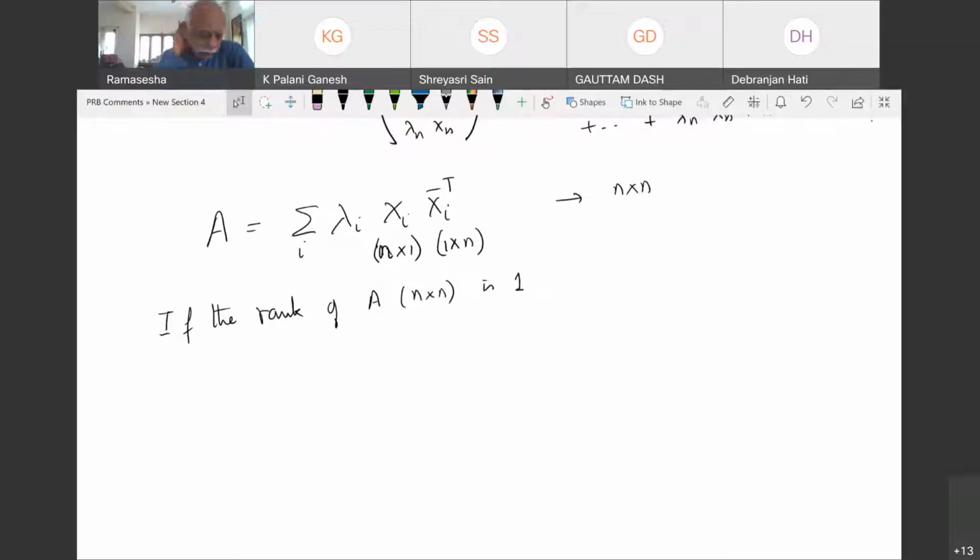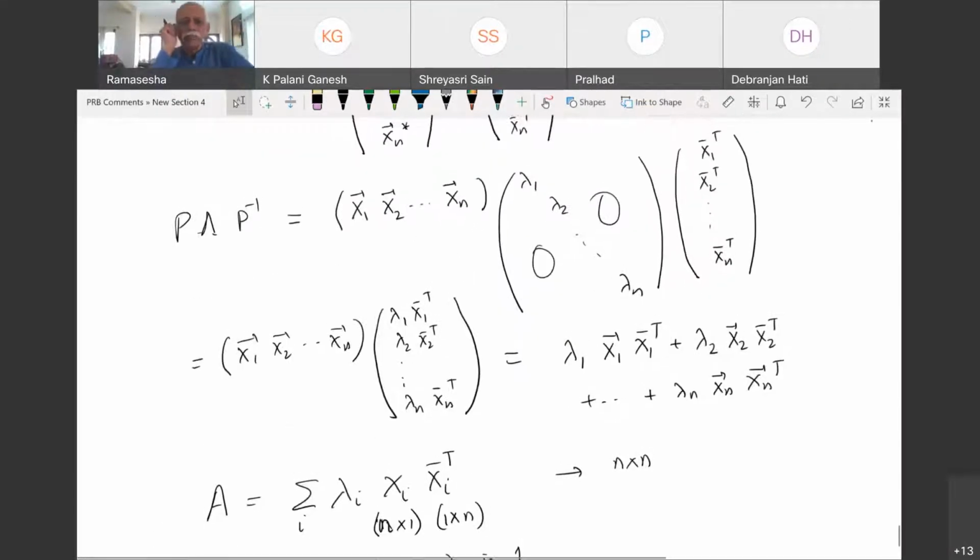Sir, in the previous step, why have you taken transpose, like x1 bar transpose? We had proven P inverse is x1 bar complex conjugate. So if I transpose the rows and columns, x1, which is a column here, becomes a row. x2 becomes a row, xn becomes a row. So each one of them is a row but with complex conjugate.